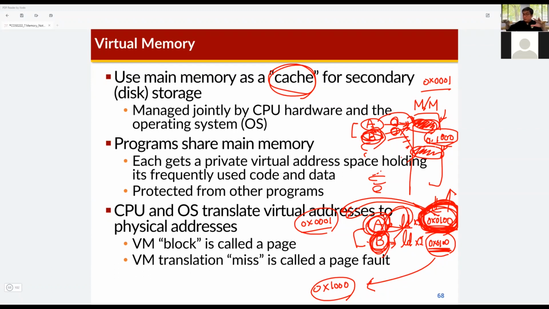So we can distinguish the physical addresses pointing to different data. Okay. This is another benefit of virtual memory. So it can be a little bit tricky.